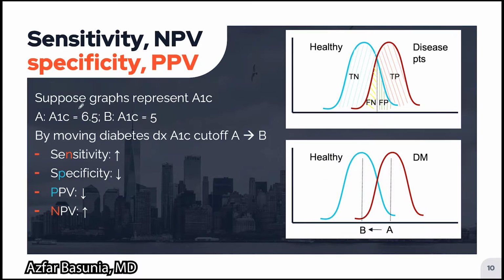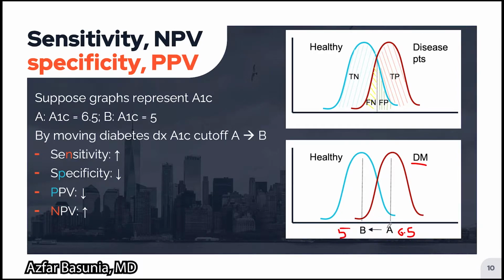Let's run through a quick example. Suppose the disease patients are referring to patients with diabetes mellitus, and the diagnostic test is referring to the A1C measurements. And A refers to an A1C cutoff of 6.5, and B refers to an A1C cutoff of 5.